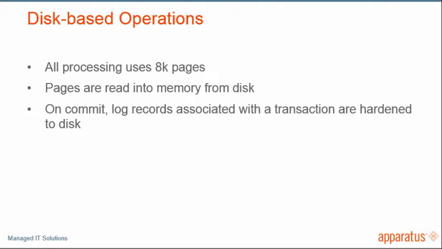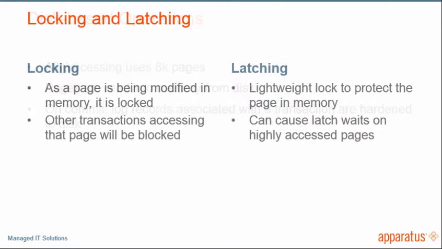And when transactions run and data is updated, inserted, deleted, there is a transaction that begins and commits. And when that transaction commits, the log records associated with that transaction are hardened to disk. And this can cause a couple of different bottlenecks.